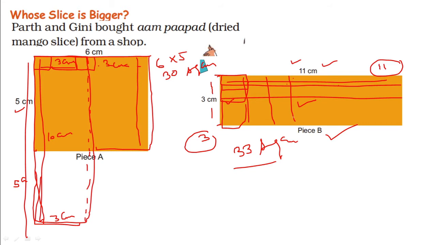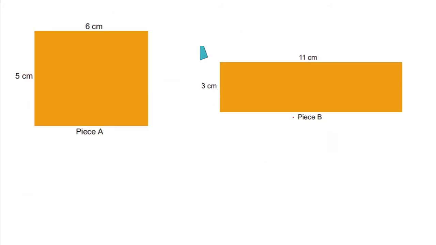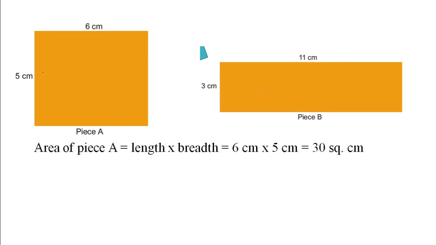And how can we calculate the area of these two slices? Let us see. This is rectangle 1, rectangle 2. Area of piece A is equal to length into breadth, because this is a rectangle. So the area of a rectangle is equal to length into breadth. So 6 centimeter into 5 centimeter, that is 30 square centimeter.